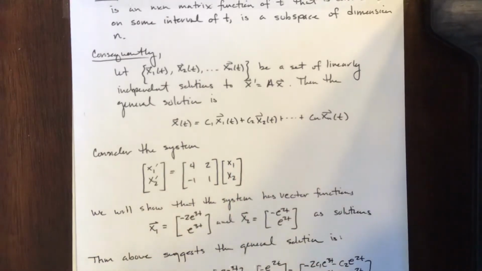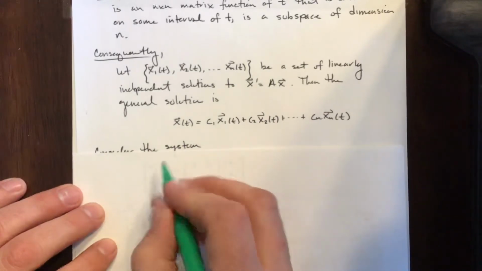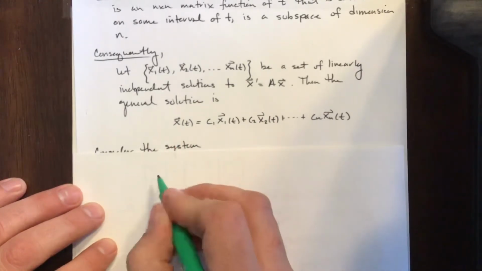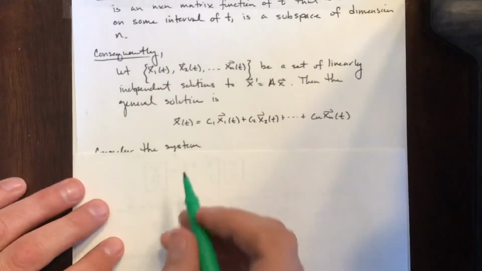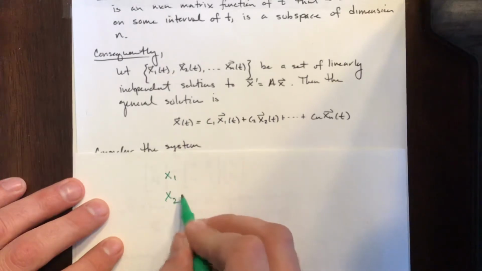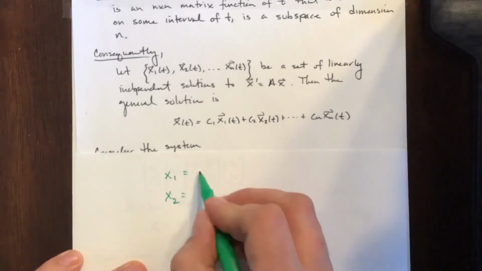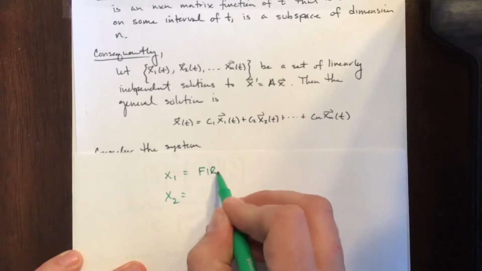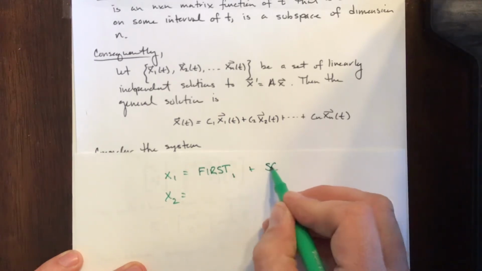Let's come up with an analogy here. Let's say that x1 and x2 are the solutions to a system of differential equations, and each solution has a first component and a second component.